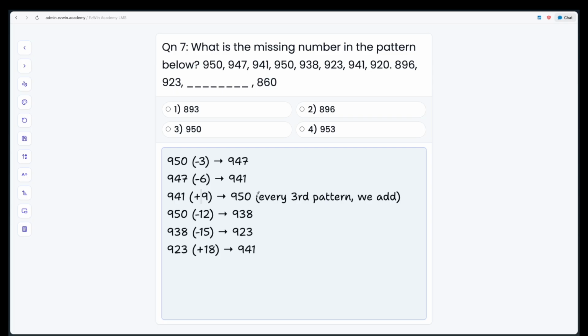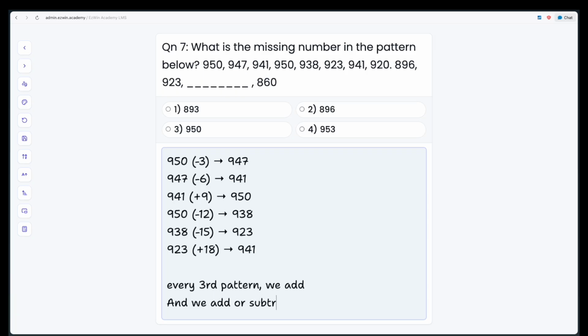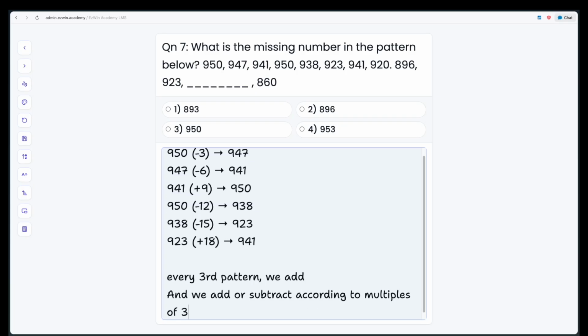So I'm just going to write it here. Every third pattern we add, and we add or subtract according to multiples of 3.